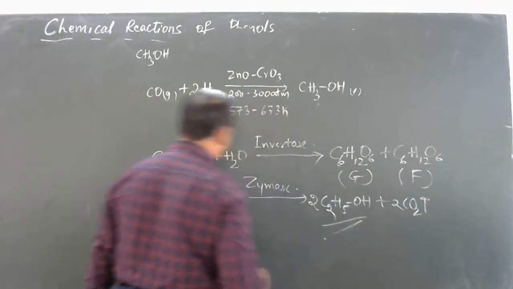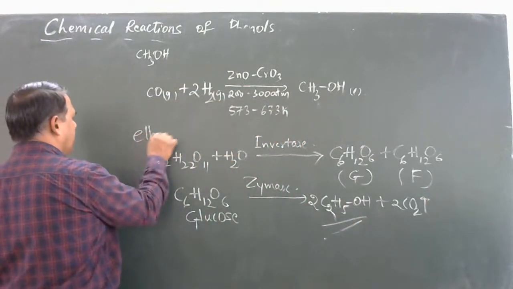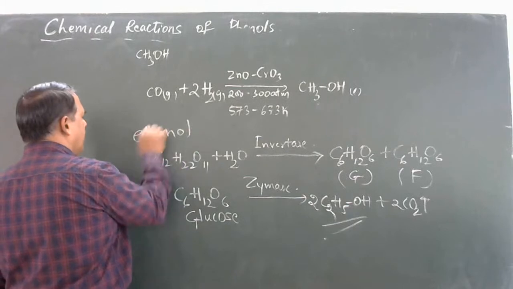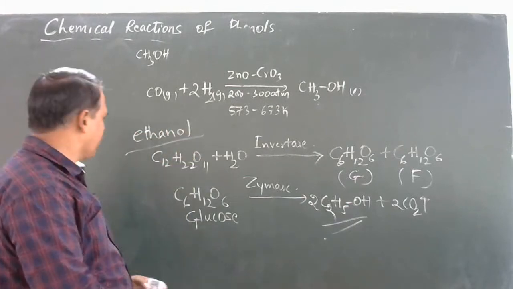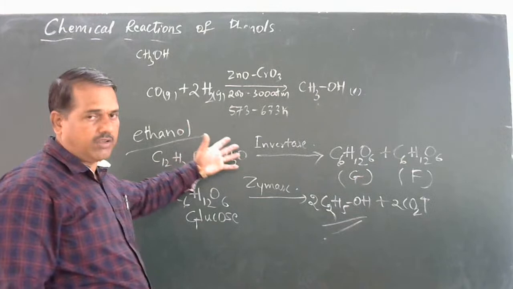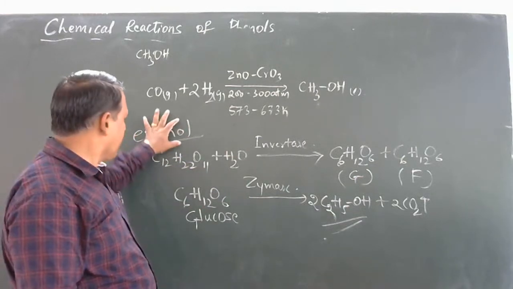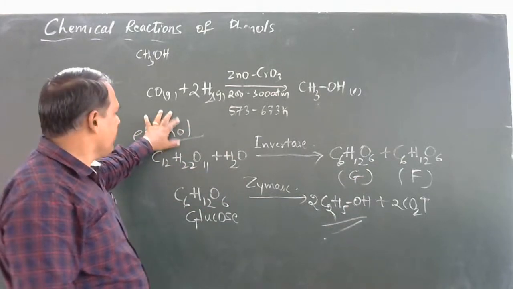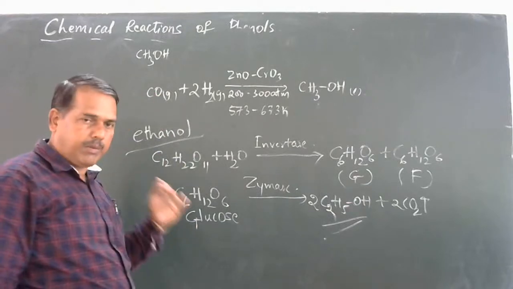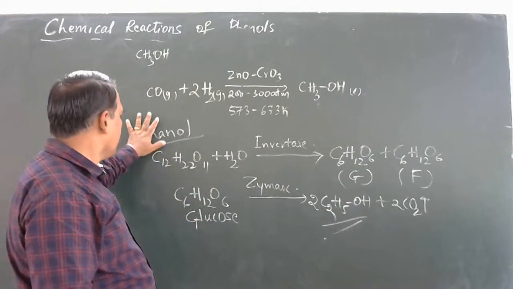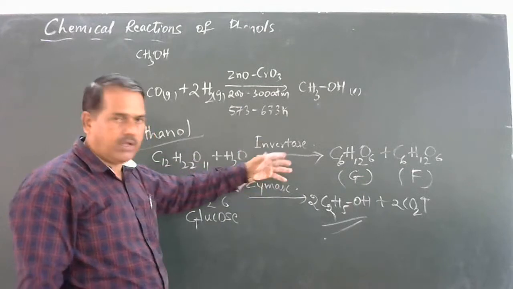So this is the preparation of ethanol. In the earlier syllabus, it was there that it can be prepared from molasses. It is a very good solvent, which is used for many purposes in industry.